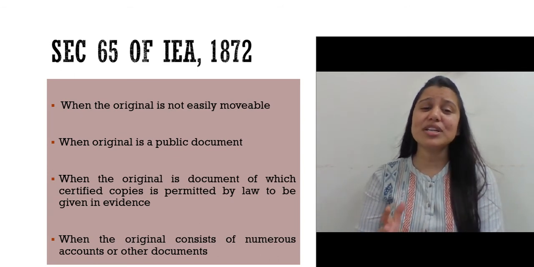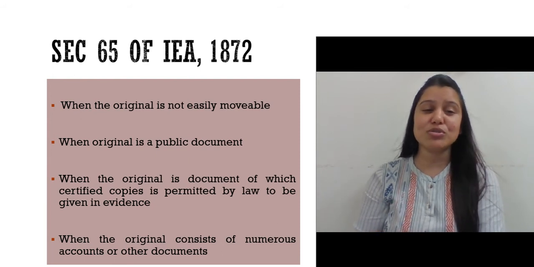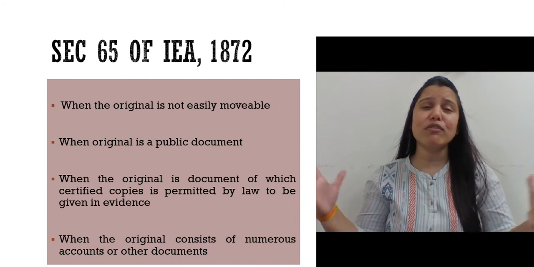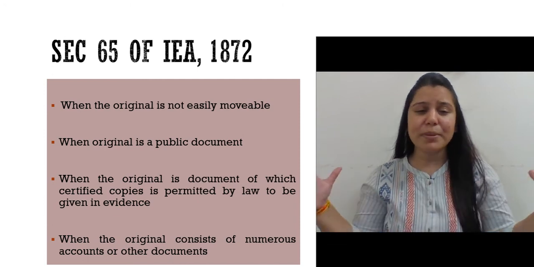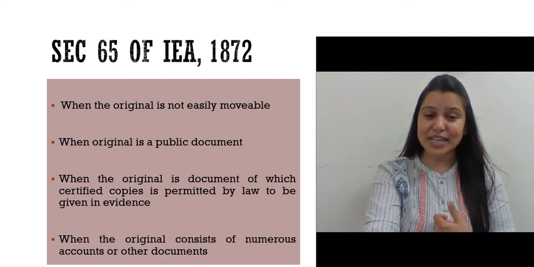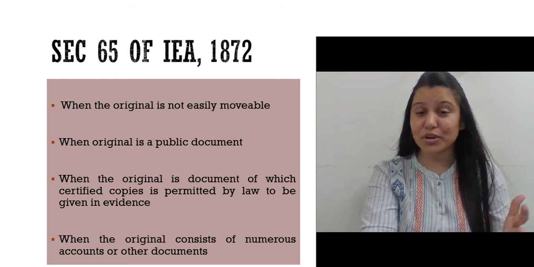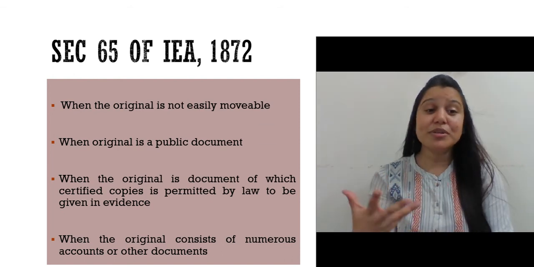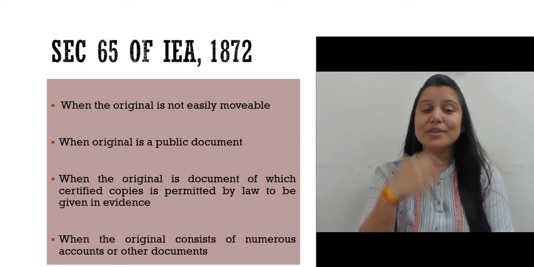Now, when the original consists of numerous accounts or other documents. When the original has a number of accounts, a number of copies, a number of documents, then what will happen in that case?